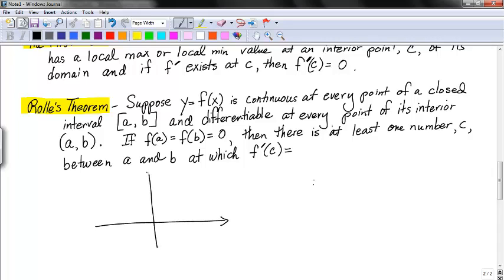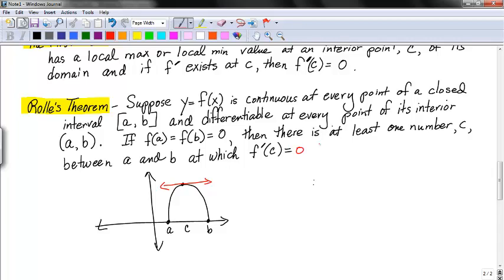Now, if you looked at a graph, what they're really saying graphically, if I give you a picture like this, let's say this was A and this was B, and if both those y values are equal to 0, then there has to be one number c in between A and B where this derivative is equal to 0.